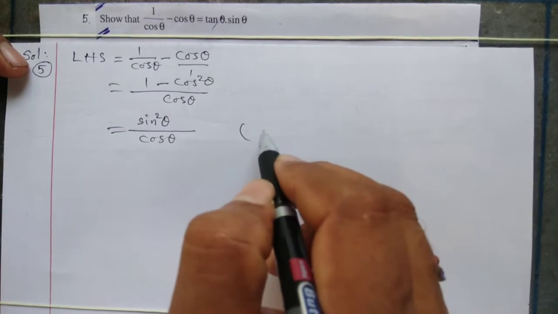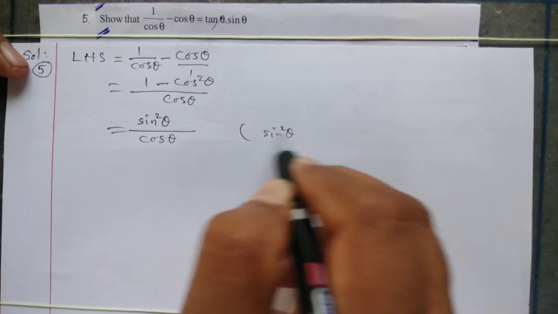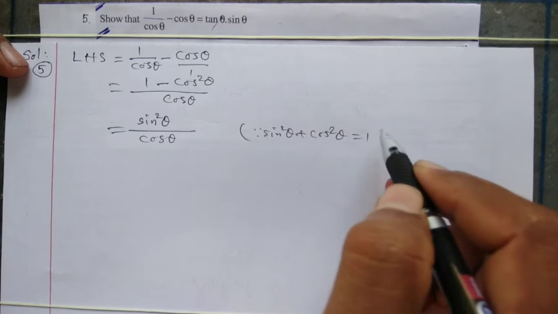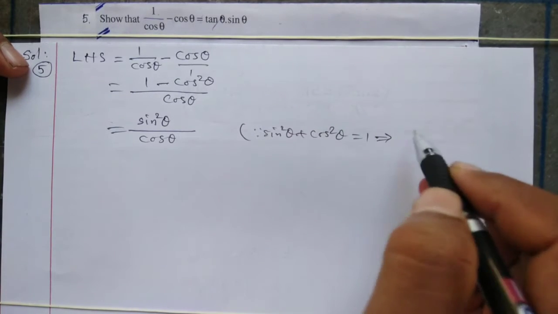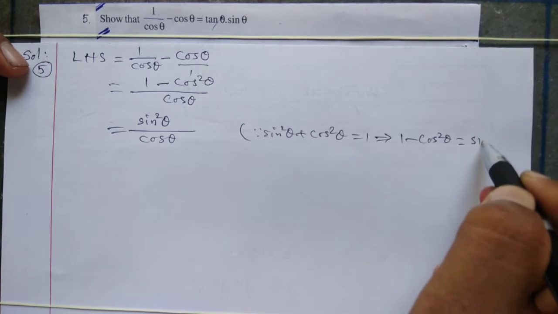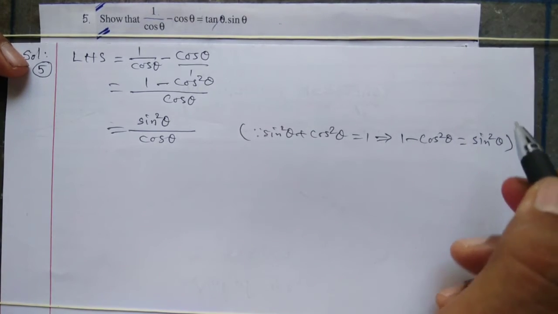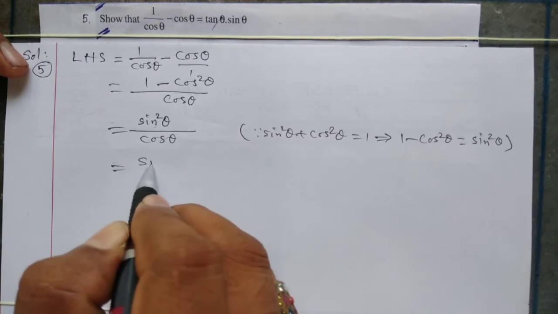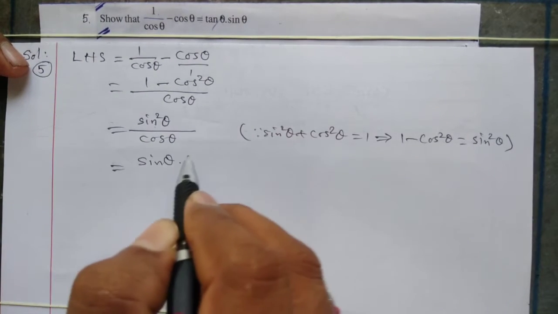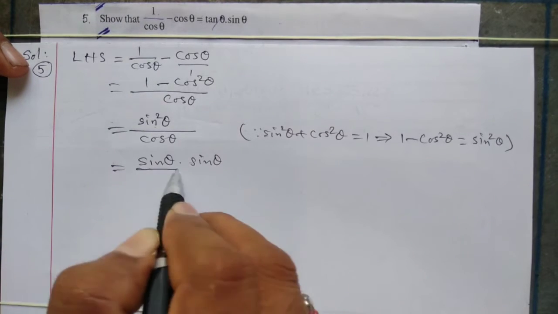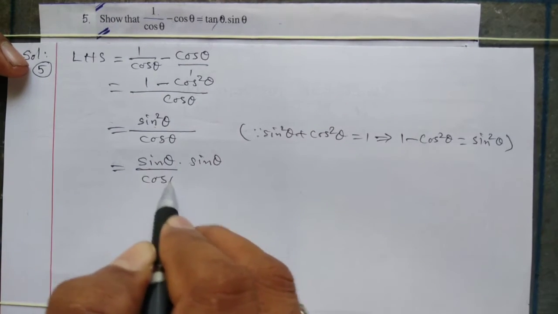We know the formula, sin square theta plus cos square theta is equal to 1. Then 1 minus cos square theta is equal to sin square theta. Sin square theta we can write sin theta into sin theta by cos theta.